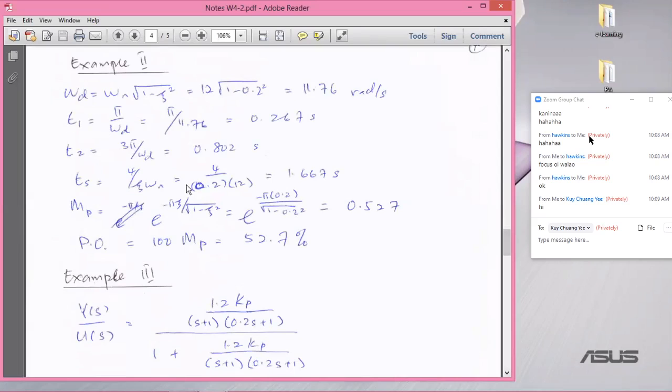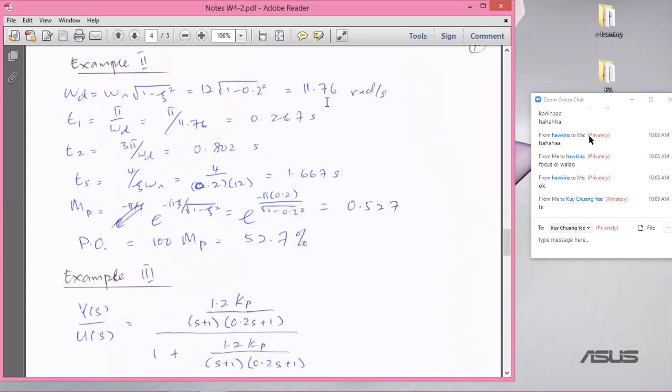Okay. So we have natural frequency is 12 and the damping ratio is 0.2. Now you can compute the damped natural frequency, which is the actual natural frequency, omega n multiplied by square root of 1 minus zeta squared. So that's, you have 11.76.